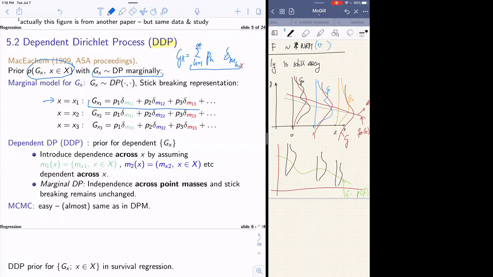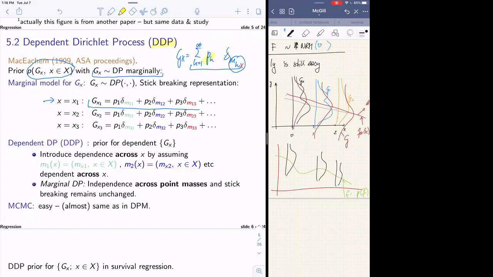And remember, the stick-breaking definition was that the locations for the point masses have to be IID from the base measure, and the weights were generated by the stick-breaking process. You start with a stick of length 1, and then you break off iteratively beta distributed fractions of the remaining stick. That's exactly what we do for G sub x1. So at this moment, marginally for G sub x1, we have simply generated a Dirichlet process prior.